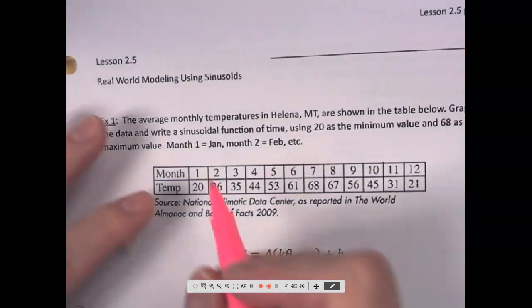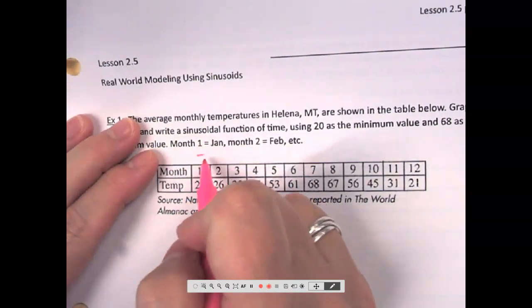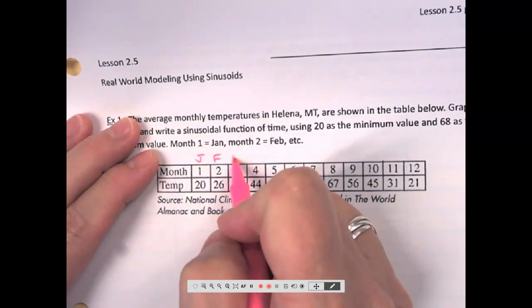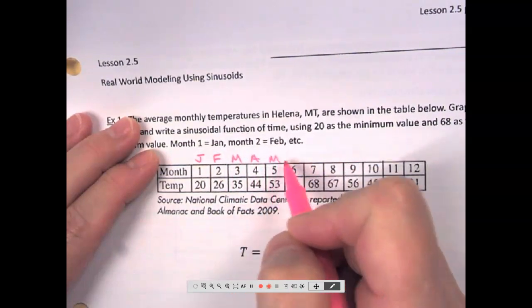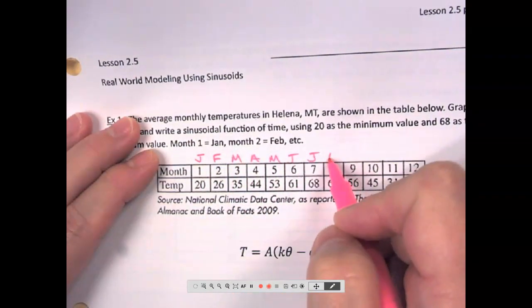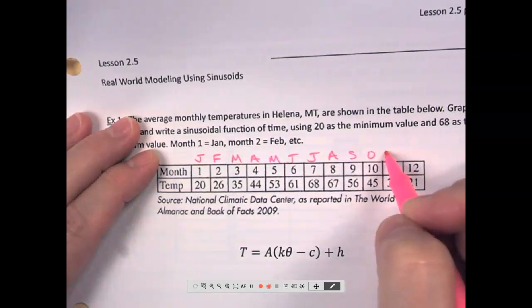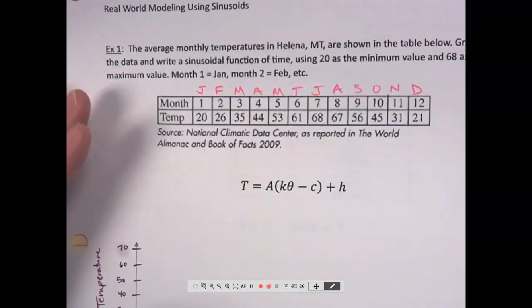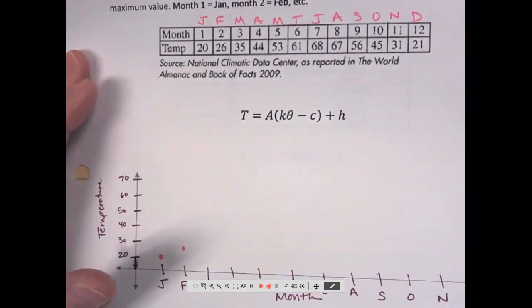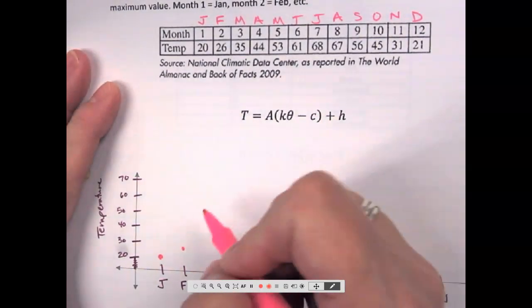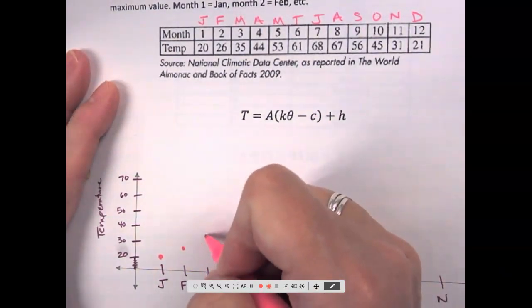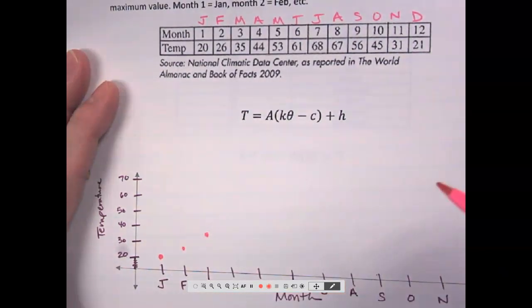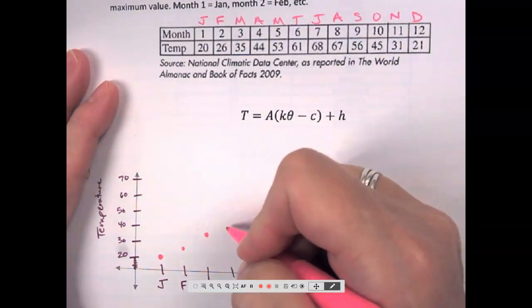March is 3. If you want to put January, February, March, April, May, June, July, August, September, October, November, December across the top, just so you don't mess up. Okay, I'm on March, and I'm going up to 35. April, 44.